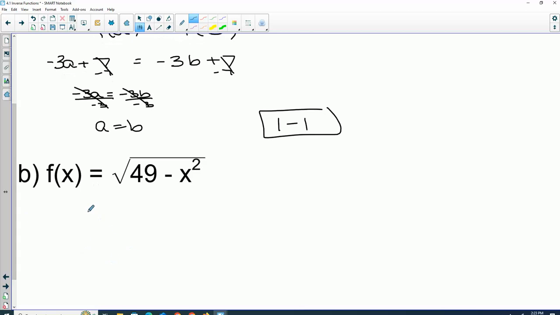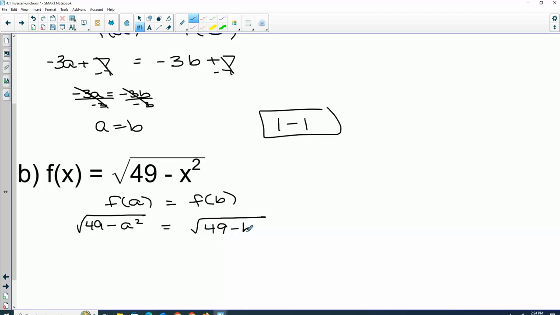So if I look at b, if I do f of a equals f of b. So f of a, we go to our equation, we plug in an a for the x. F of b, we're putting in a b for the x. If I asked you to solve this for a, what would you do?